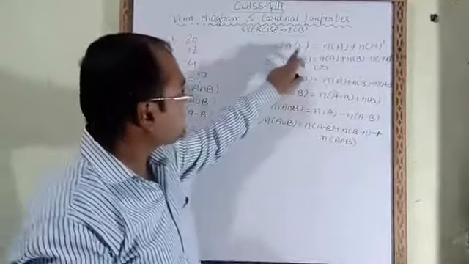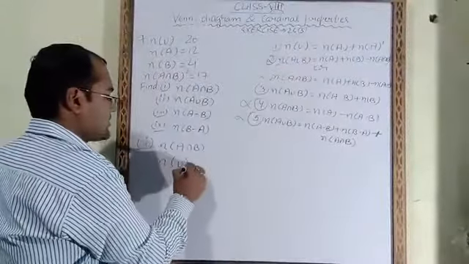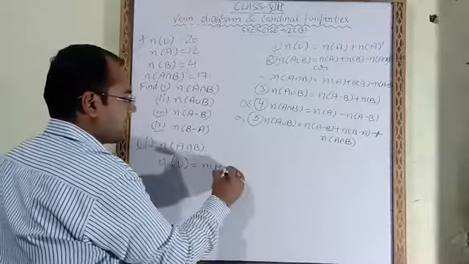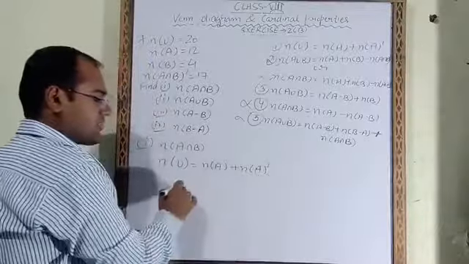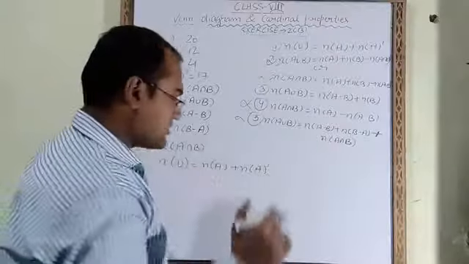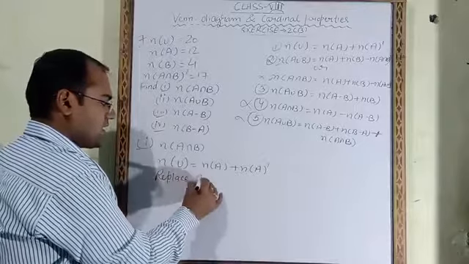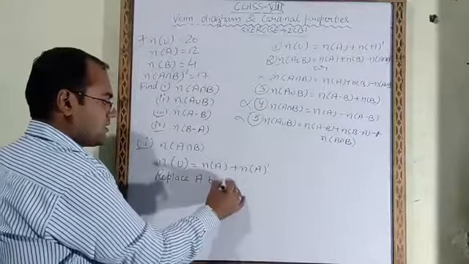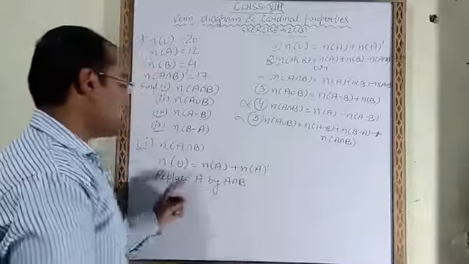You have to use this first formula. First formula is n(universal) is equal to n(A) plus n(A complement). In this formula you have to make little changes. Changes are that we have to replace A by A intersection B. Replace means change. We have to change this formula.